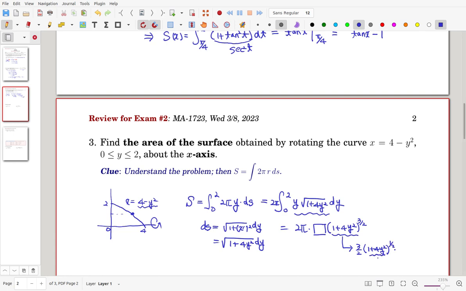Now we are using the chain rule, so the derivative of this one will be 8y, so that this is the same as 12, and here that half power and times y. So we have an extra 12. So here we have to put 1 over 12, right? Now, that is the antiderivative, and we are evaluating from 0 to 2.